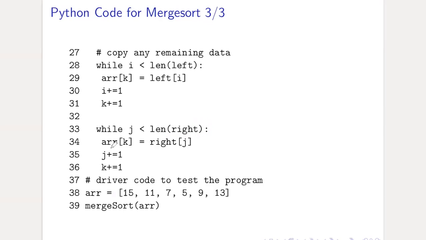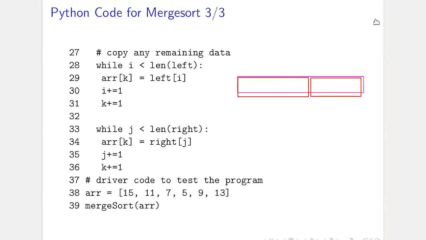So the idea is, by this time all the values that are smaller or equal from either the left or right have been placed. Let's see that. We have broken into two, and the left is shorter than the right.